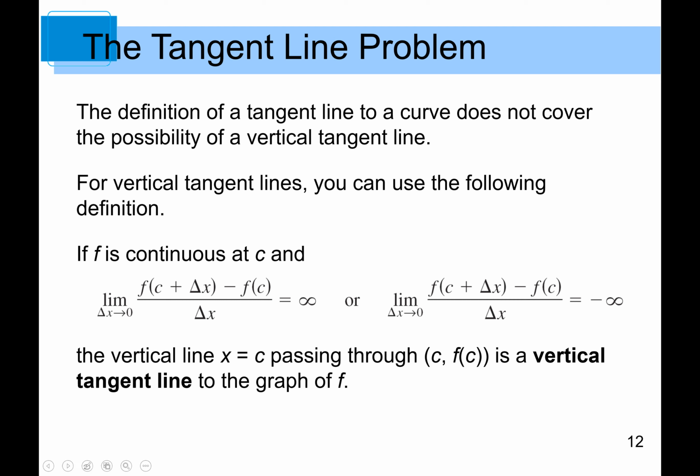So the definition of the tangent line to a curve does not cover the possibility of a vertical tangent line. For vertical tangent lines, you can use the following definition.